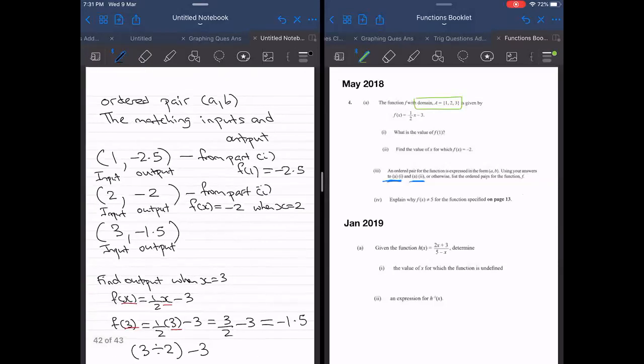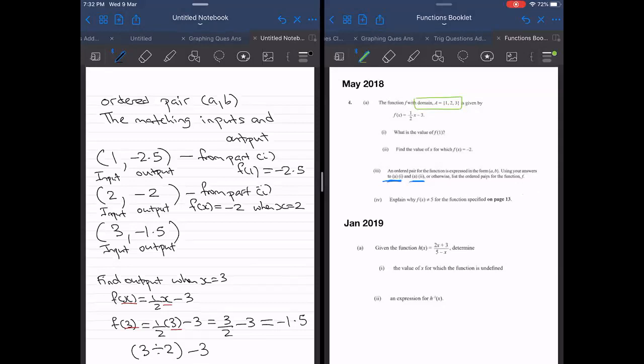Then I was telling them that if you notice, it says using part I, the first part, and the second part. From the first part, we found that f of 1 was minus 2.5. So f of 1 was telling us that the input was 1, and when we calculated it, the output was minus 2.5. And remember, f of 1 just means wherever you see x, put 1.